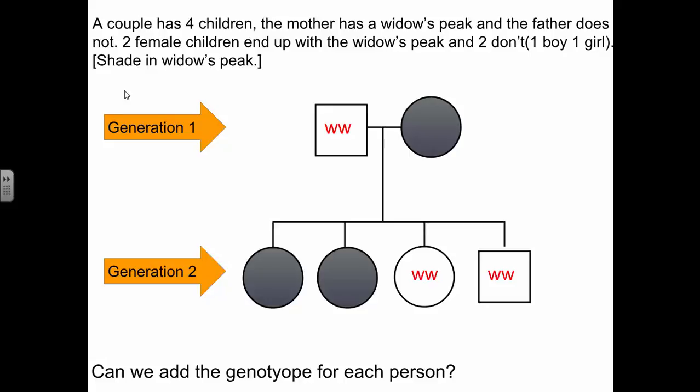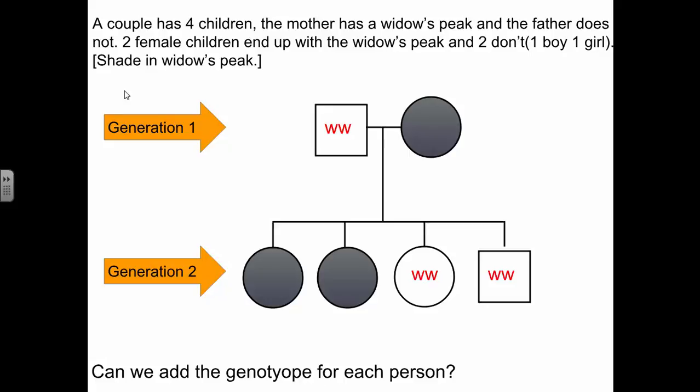How could we tell which one? What do we have to know about to figure out exactly which one it is? Jenna? What genotypes both parents have? Yeah, we need to know either about the parents or we need to know about the children.